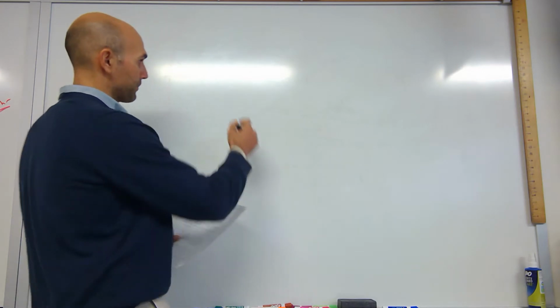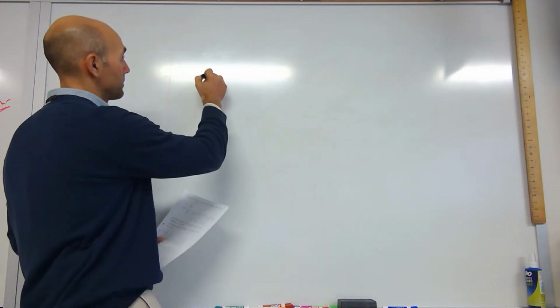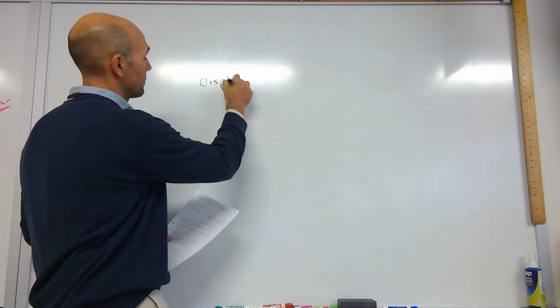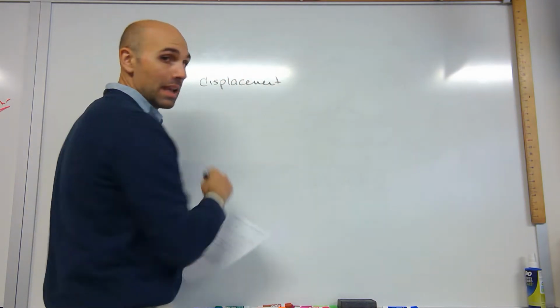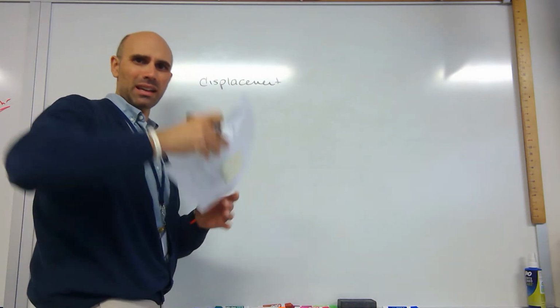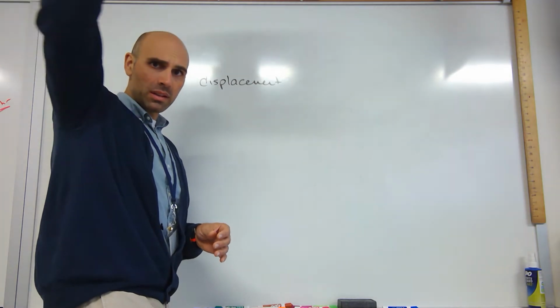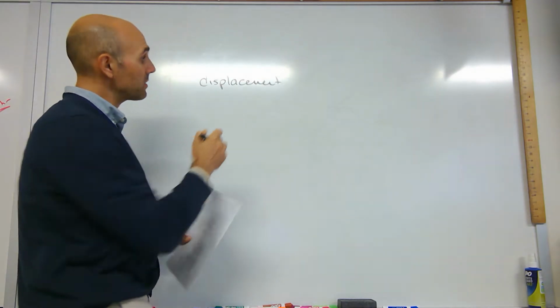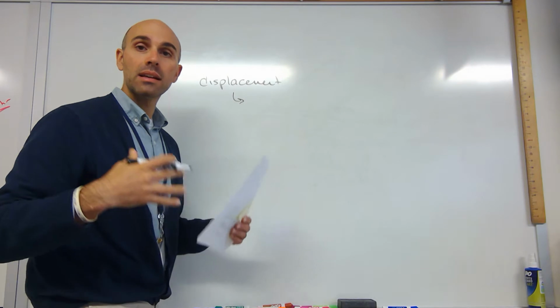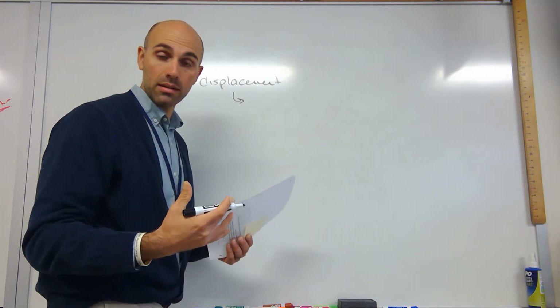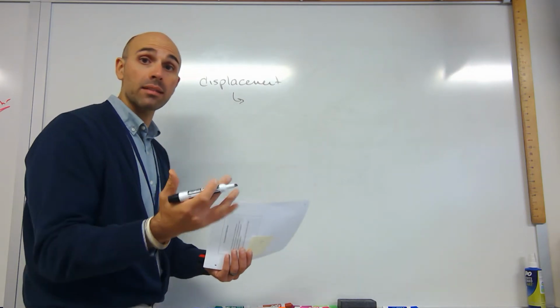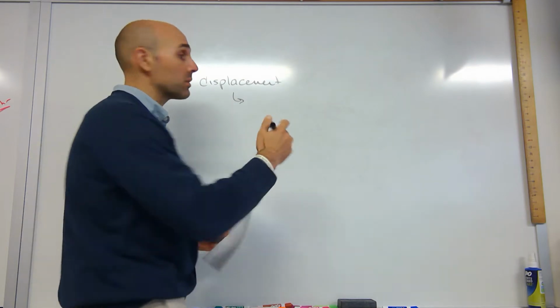Kinematic equations. So we've talked about displacement. And what displacement is, sorry about that glare, guys. What displacement is, there we go. Displacement is simply a change in position, right? From the final to the initial. The path doesn't matter. It's just the final to the initial.